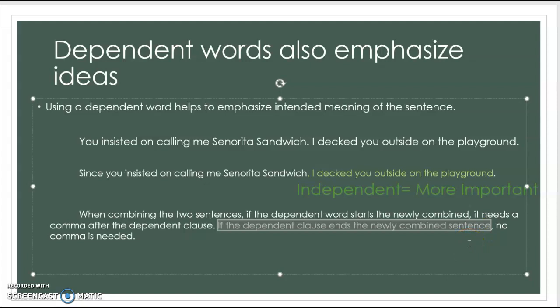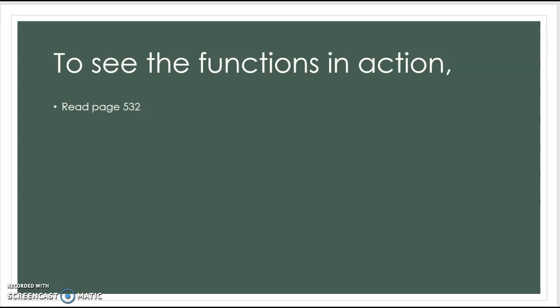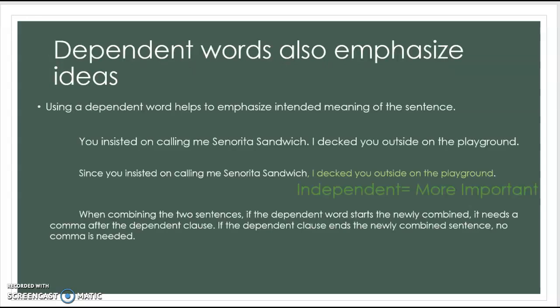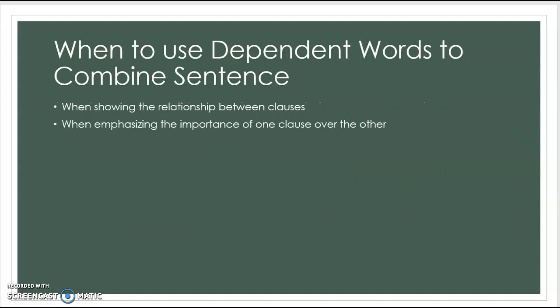So the comma comes when you're starting the newly combined sentence with the dependent clause. You use dependent words to combine sentences when you are showing the relationship between them and when you're emphasizing the importance of one clause over the other. It's up to you to determine which of the dependent words fits your purpose.